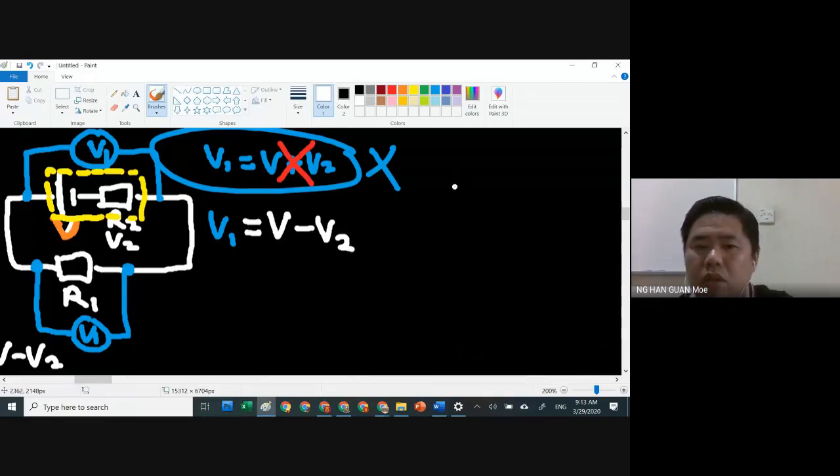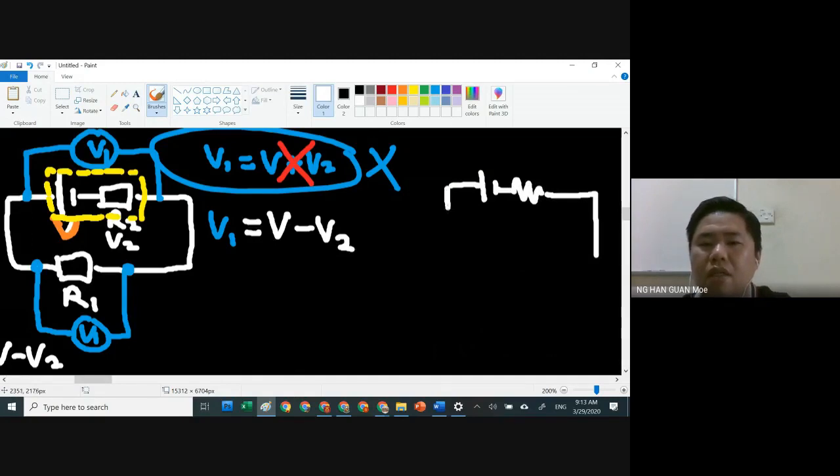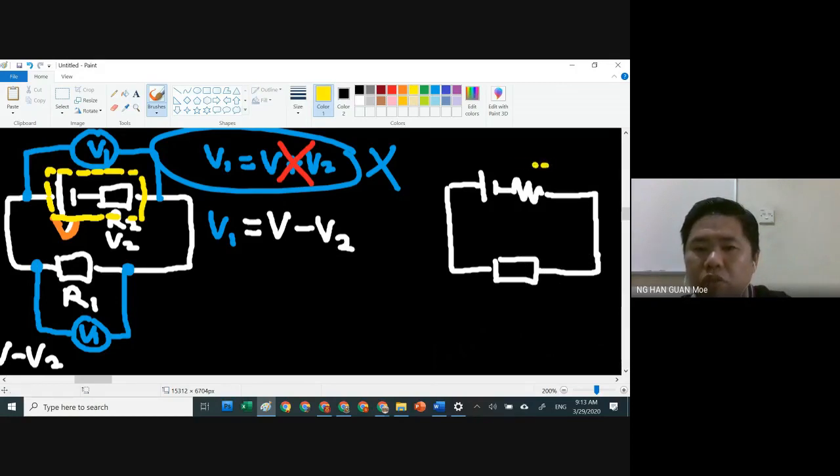If you understand this as an internal resistance, we try to present it in our circuit, because physically you cannot measure across it. So usually we use a dotted line to box it.